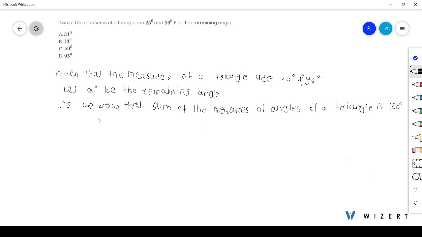So the sum of this, that is 25 degree plus 96 degree plus x degree, is 180 degree.